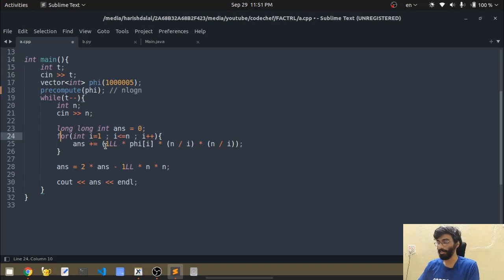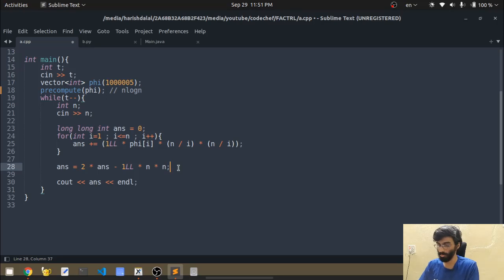As I have told, we have to iterate our x from 1 to n, and for each x we will be multiplying phi of x times n by x multiplied by n by x, as this is the number of pairs for a single x and y, and phi of x denotes the number of pairs for a single x and all of its y's whose GCD of x and y is 1, and adding it to the answer. So for every x it will be added to the answer, and finally our answer will contain 2 times answer subtracted by n times n.